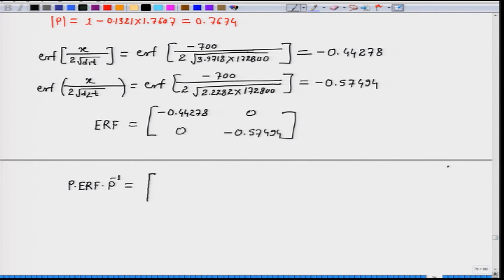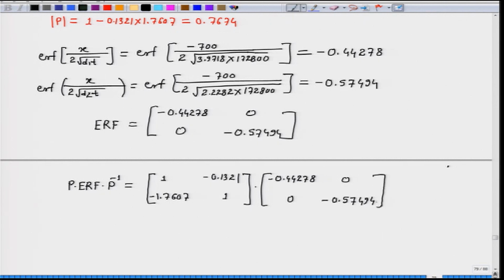So, we can obtain this product by substituting for P, which is 1, minus 1.7607, minus 0.1321, 1, times minus 0.44278, 0, 0, minus 0.57494, times P inverse, which is 1.3031, 0.1721, 2.2944, 1.3031.